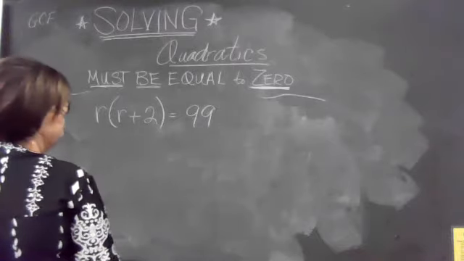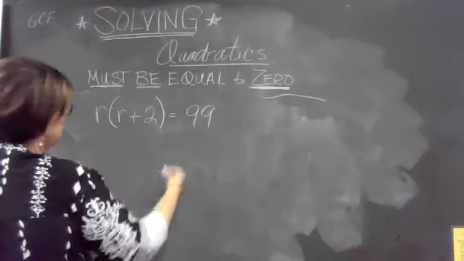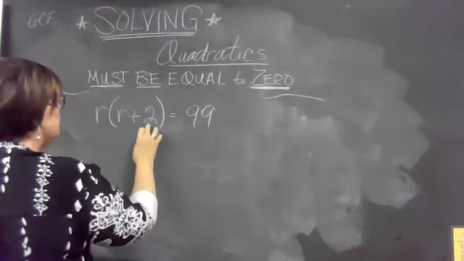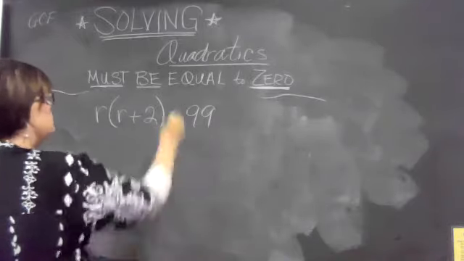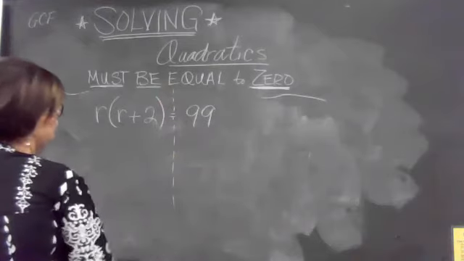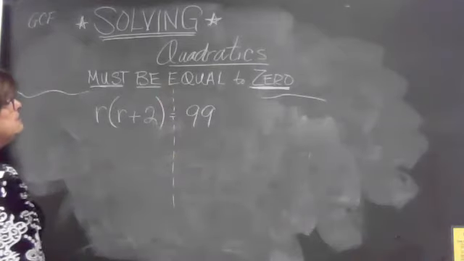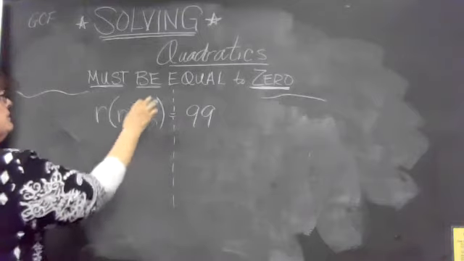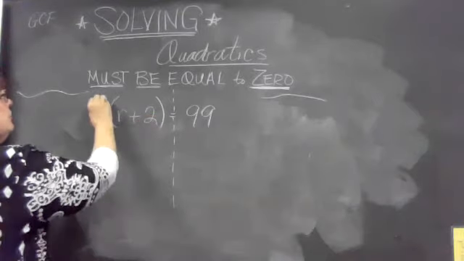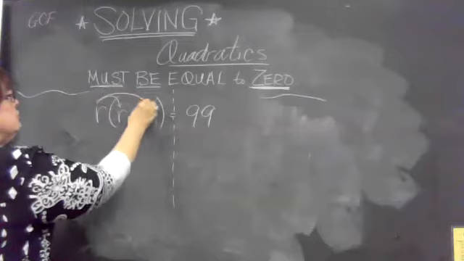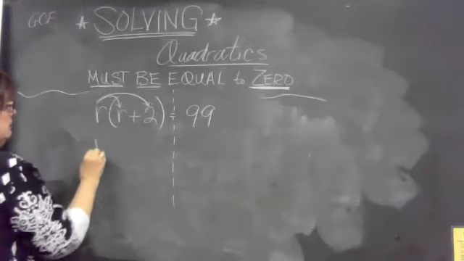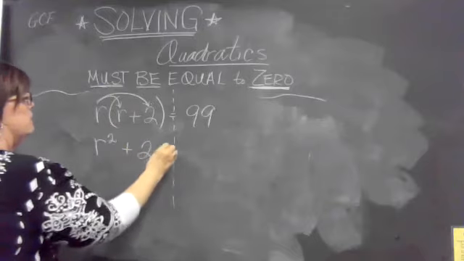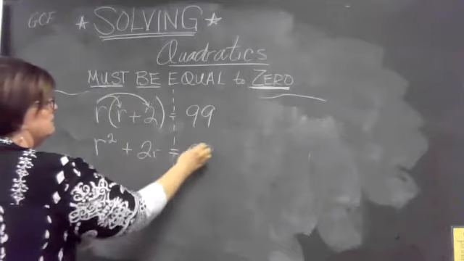Now the easiest way to do that is to subtract the 99, but what are you going to subtract it from? You can't go up into here and subtract it from 2. So if we remember our order of operations, please excuse my dear Aunt Sally, we need to take care of the parentheses first. So I am going to use my distributive property and make this r squared plus 2r equals 99.